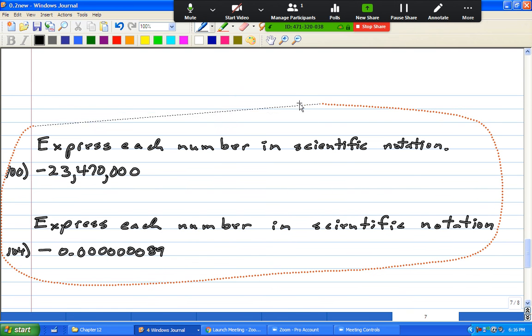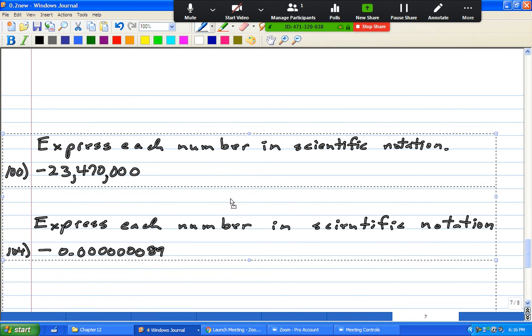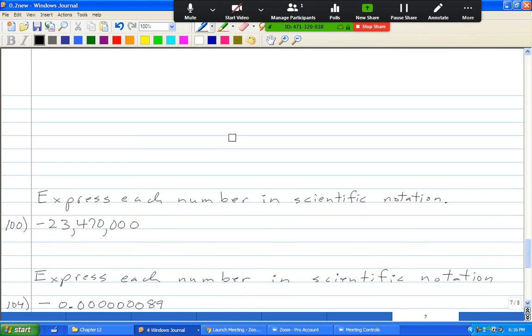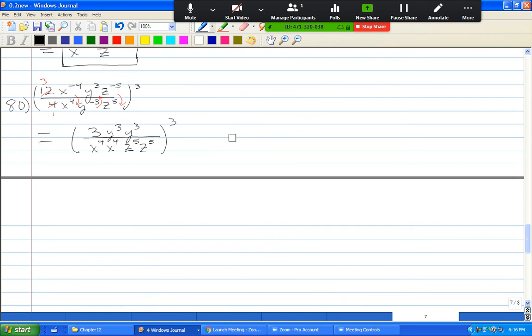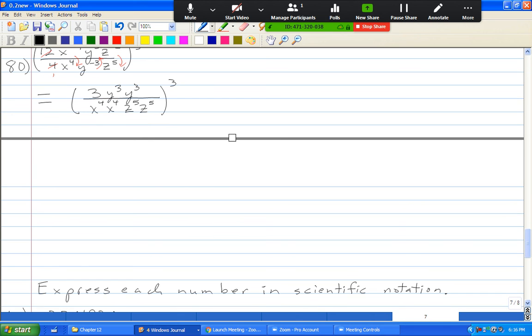let me get some more room here. Let's simplify this first. So I have y cubed times y cubed is y to the 6th. X to the 4th times x to the 4th is x to the 8th. Z to the 5th times z to the 5th is z to the 10th.